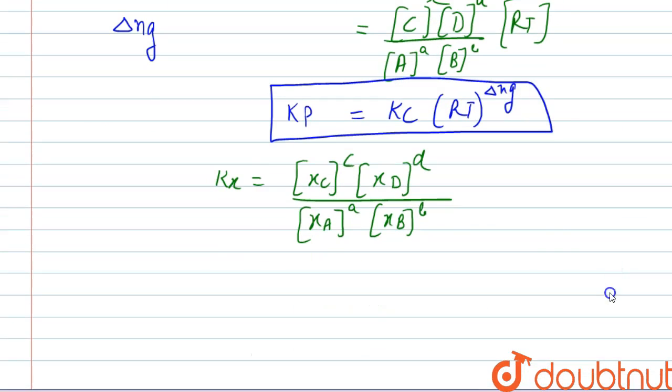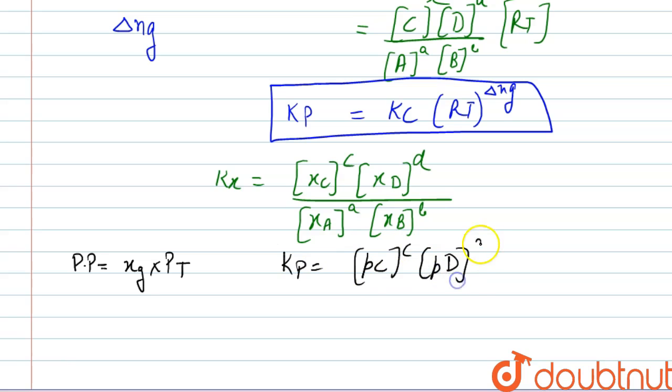Now we know that we can write the partial pressure of a gas as the mole fraction of the gas into the total pressure, so we will write this as the partial pressure in the formula of Kp. We will use the formula Kp equals partial pressure of C to the power c, partial pressure of D to the power d, divided by partial pressure of A to the power a and partial pressure of B to the power b.